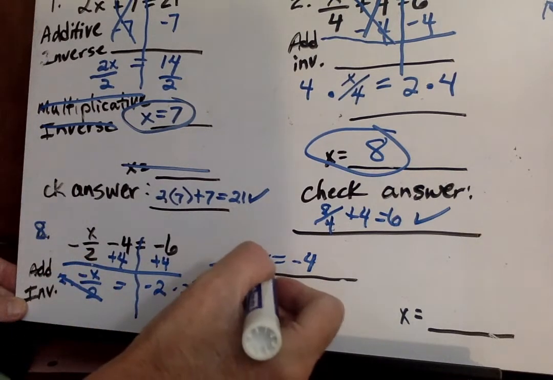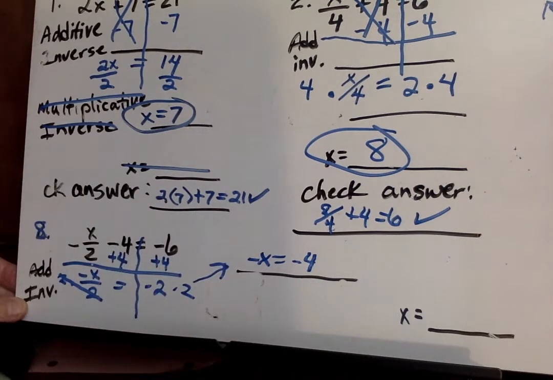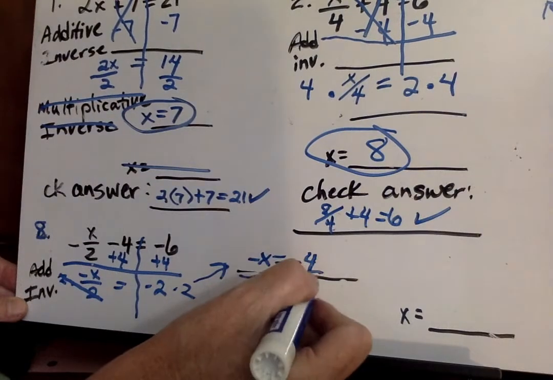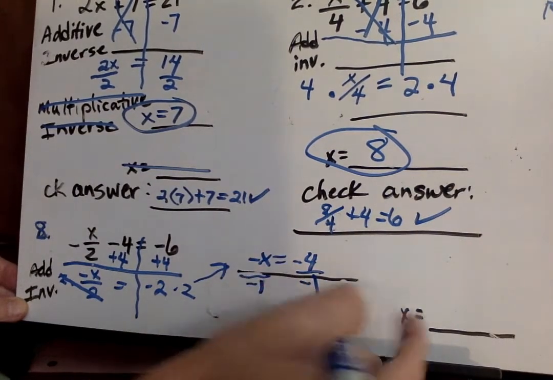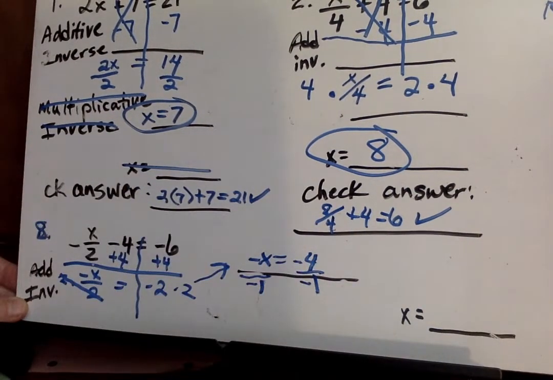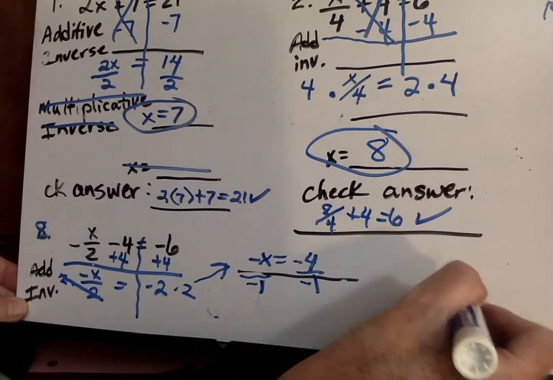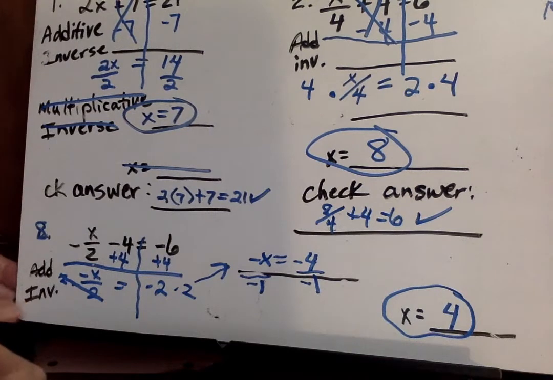Then it's negative 1 times x. It's not a minus x. It's a negative 1 times x. So I divide by negative 1, divide by negative 1. So x equals negative 4 divided by negative 1, which is 4. I think we do have a check.